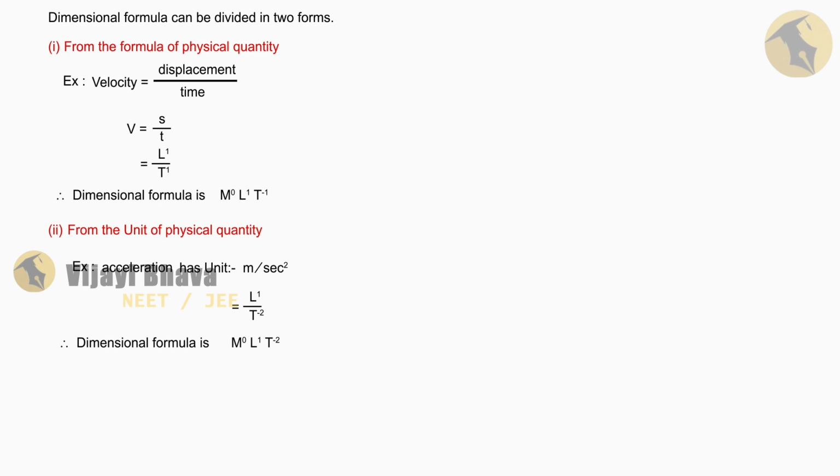Let me give you a small hint. Once you learn the dimensional formulae of 5 different physical quantities, you can easily derive the dimensional formula of most of the physical quantities in physics.